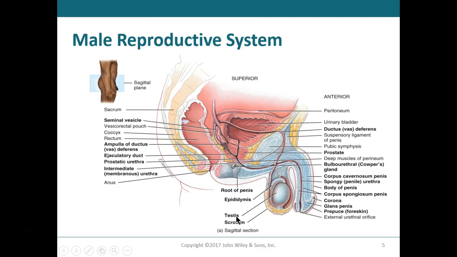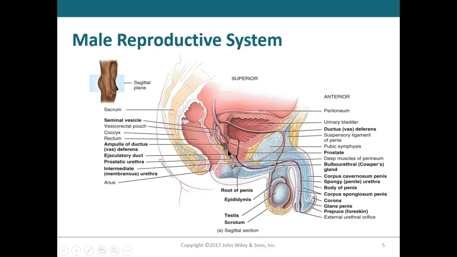Plural is testes, T-E-S-T-E-S. Then you have the vas deferens, sometimes called the ductus deferens, where the sperm cells travel through, up and over and behind the urinary bladder, where the vas deferens then merges with these tubes called the seminal vesicles, and these are going to secrete some of the fluid to the ejaculation.